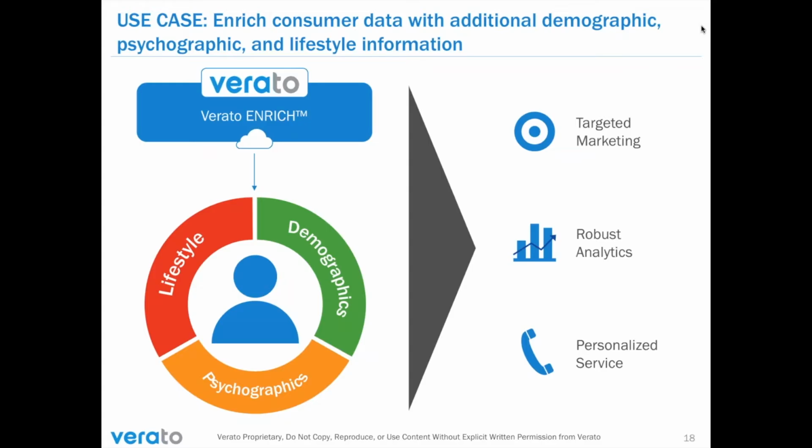And so Verado has an ability to enrich information. We've talked a lot about the core identifying information about consumers, their names, their addresses, their birth dates, things like that. Verado also can make connections to third-party data sources to allow you to enrich the information that you know.